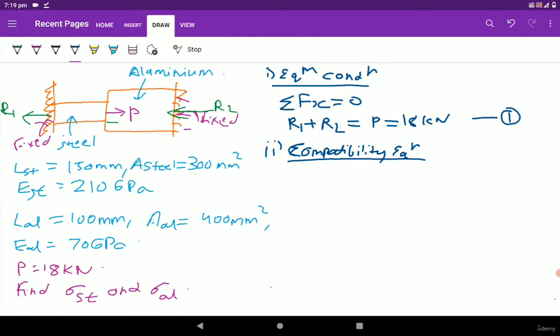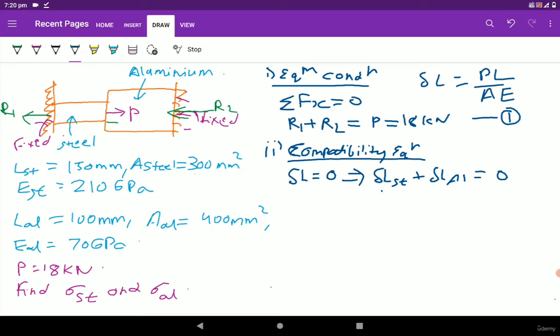Since both the ends are fixed, we can write delta L in this case equal to 0. So delta L of steel plus delta L of aluminum is equal to 0. Let's simplify this equation further. Delta L is equal to PL by AE, which we have studied in previous lectures.